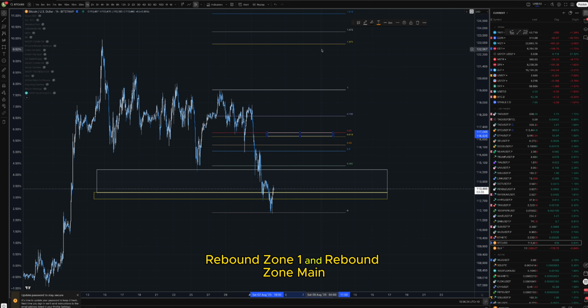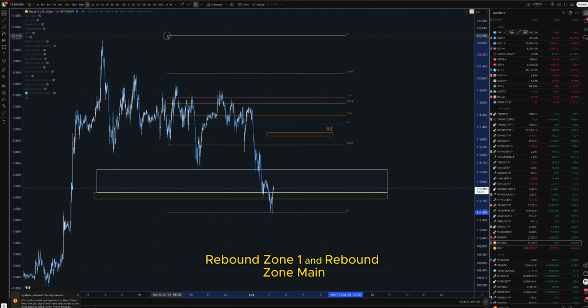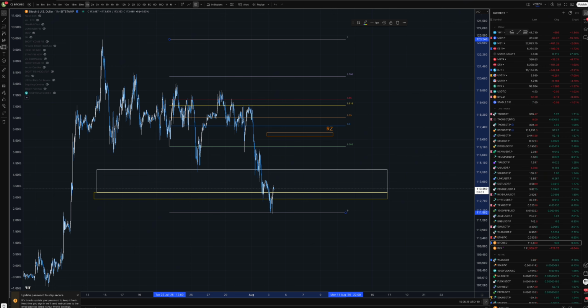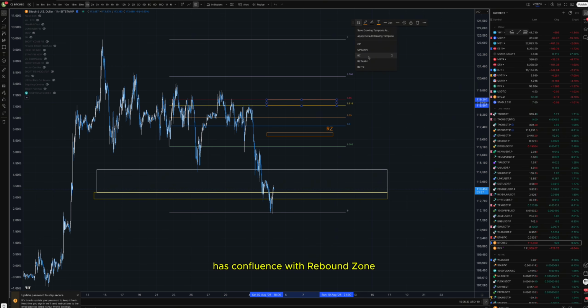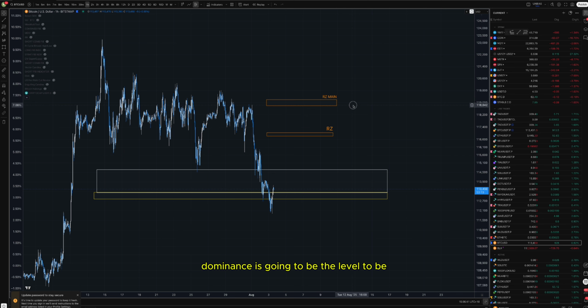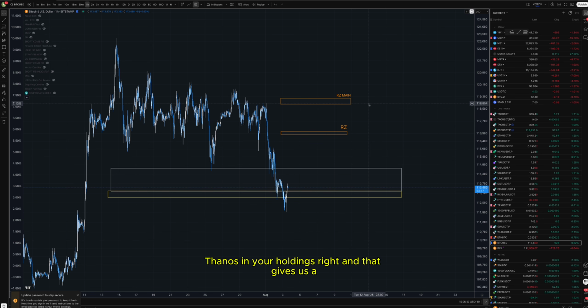Rebound zone 1 and rebound zone main, and whichever one of these levels has confluence with the rebound zone or golden pocket of USDT dominance is going to be the level to be Thanosing your holdings, right?